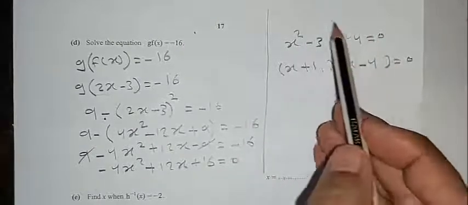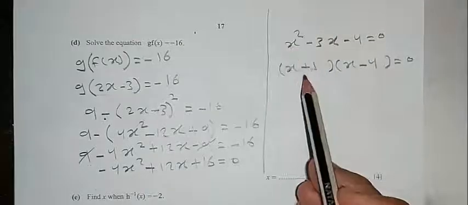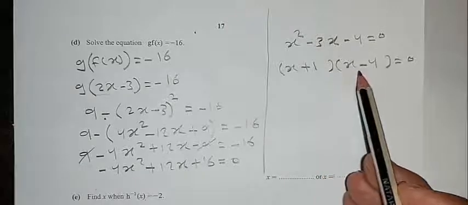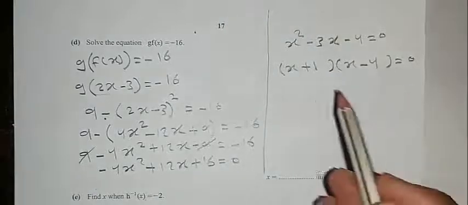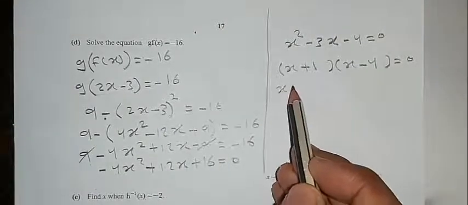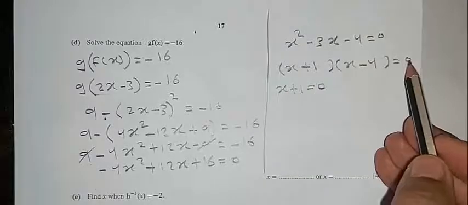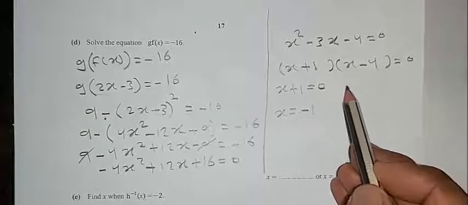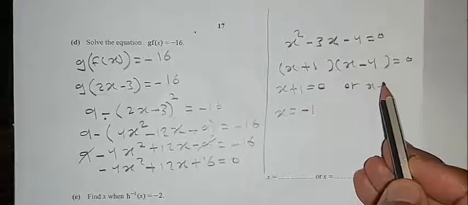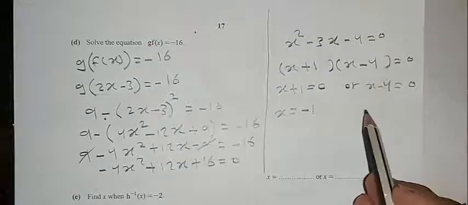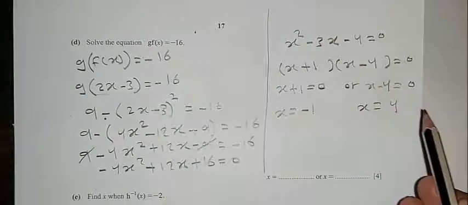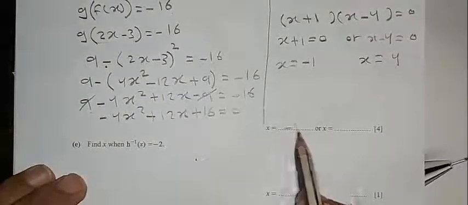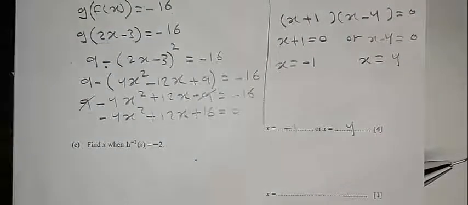So the left-hand side factorizes into two factors: (x plus 1)(x minus 4). This means x plus 1 equals 0, so x equals negative 1, or x minus 4 equals 0, so x equals 4. So the two values of x are negative 1 and 4.